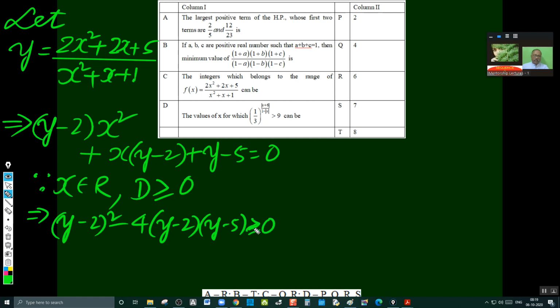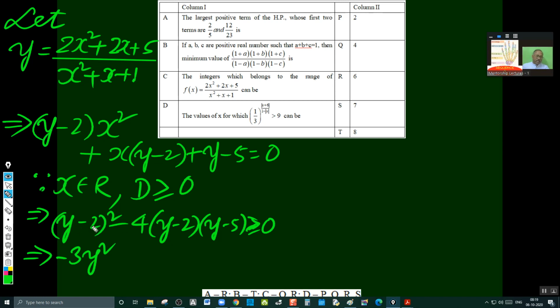Anyone please, is the equation I wrote correct or not? Yes, sir. Are you doing it along with me? Yes, sir. So this is minus 3y square. I'm writing the direct substitution here.